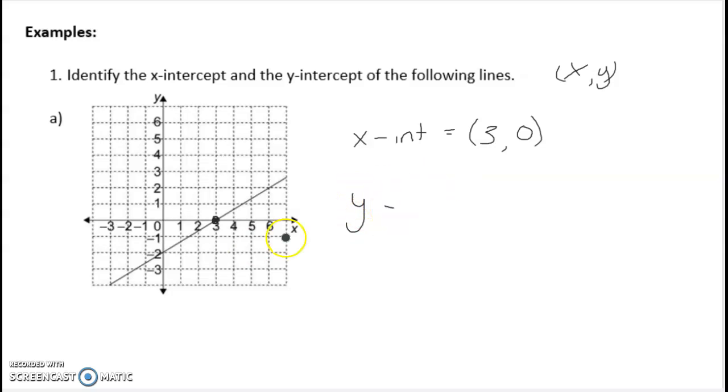Now my y-intercept is down here where the line crosses the y-axis, and it happens at -2. So x is 0, let me just write this down. x is 0 and y is -2.